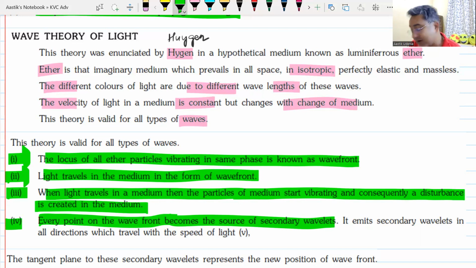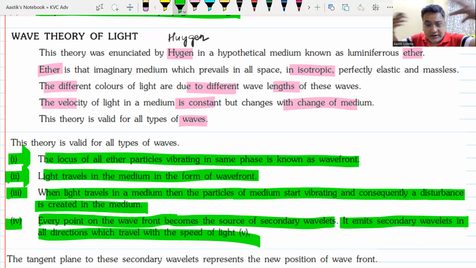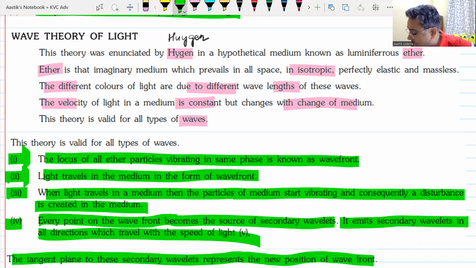These secondary wavefronts are known as secondary wavelets. All points will emit the secondary wavelets, and the tangent drawn to the secondary wavelets will give us the new position of the wavefront.